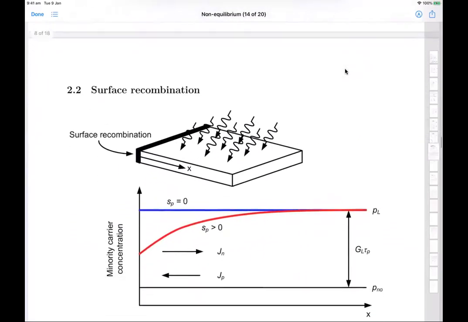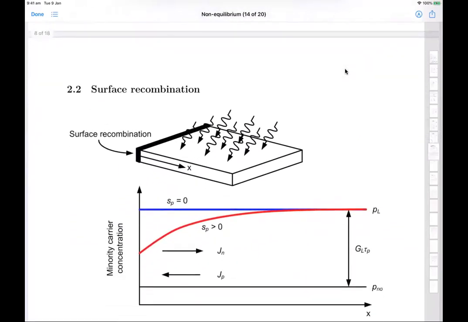Now, in semiconductors, there is a situation where there are many defects caused on the surface of a semiconductor. And these defects can cause recombination at a faster rate than in the bulk. And this recombination depends on the surface area. So here we have a drawing where we have x along this axis.